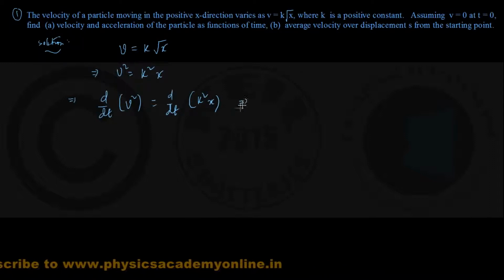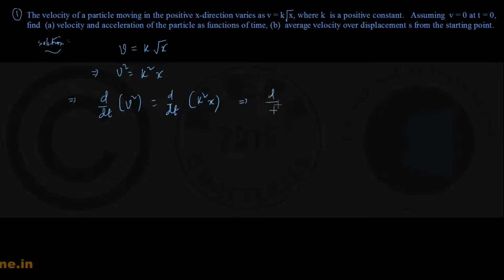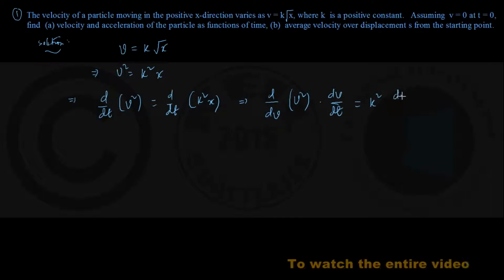In my next step, as you can see, it's a function of velocity. I can't differentiate straight away. So applying chain rule, I'm writing left hand side as d dv of v square into dv dt. That is left hand side. Right hand side, k square is a constant coming outside, and this is dx dt.